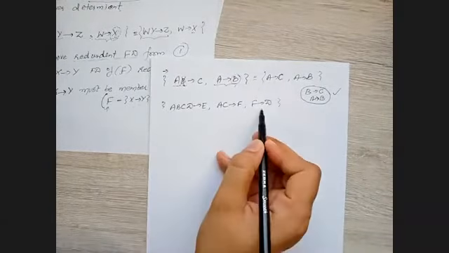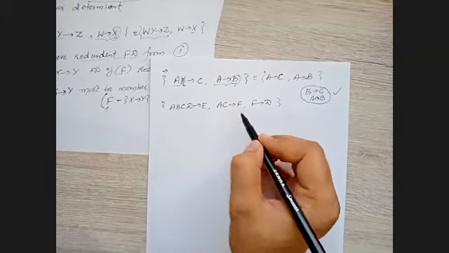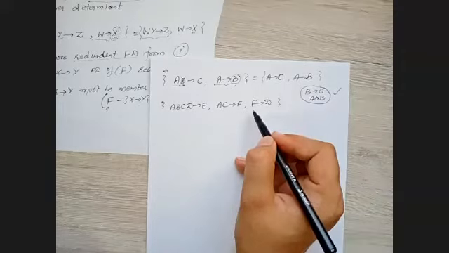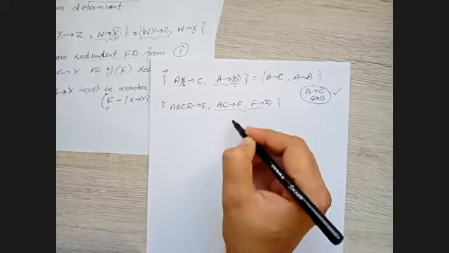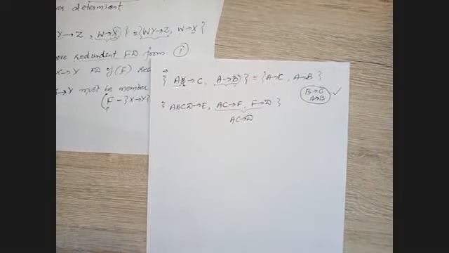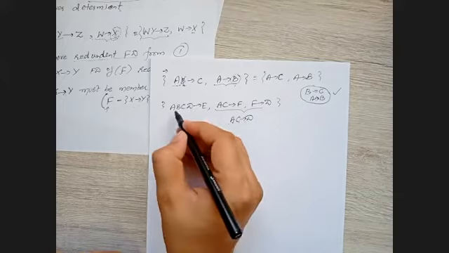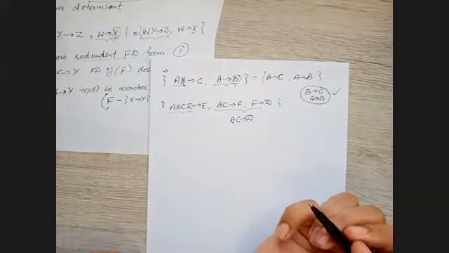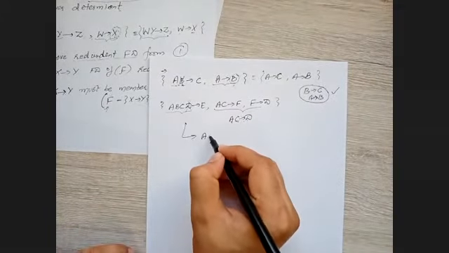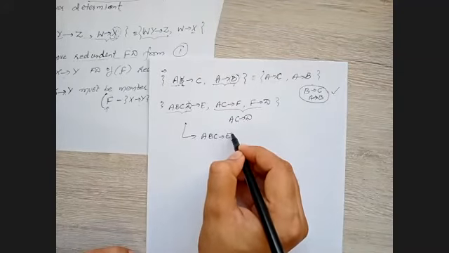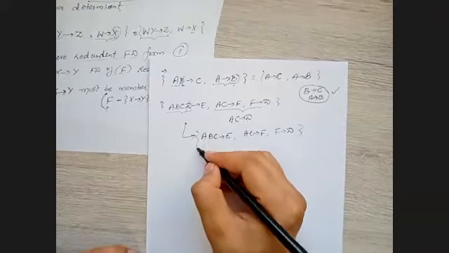Okay, so looking at this example over here, AC determines F, and F determines D. With this one, can we conclude AC determines D, by transitivity? But when we write AC determines D, AC and D are present over here, so we can eliminate D. What we have left now: ABC determines E, AC determines F, and F determines D. So logically, this is also correct.